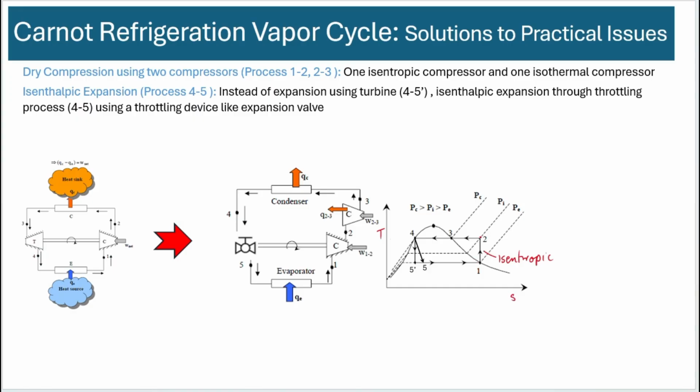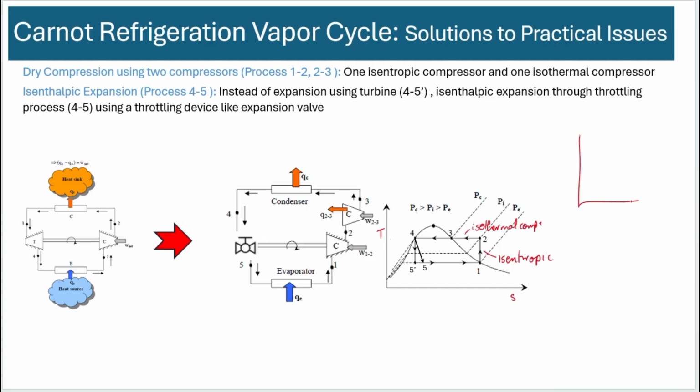Okay, that'll compress it into the gas phase, and then from that intermediate pressure, you have to take it to the condition next to the dome, so that you will use an isothermal compression. Okay, so constant T here because it's a TS diagram.